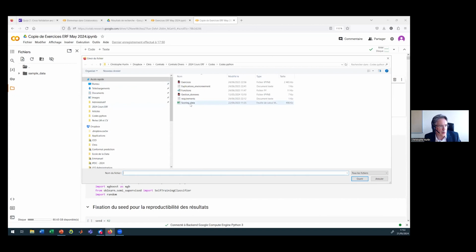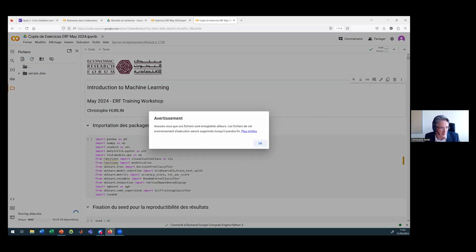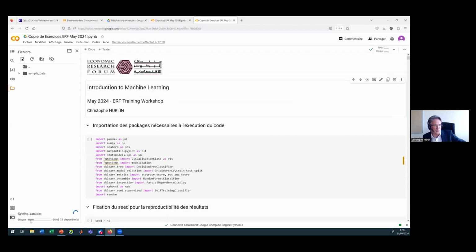Then you will choose a file, which is a scoring data file, an Excel file in which I have the data. So I will upload this first file. Okay, I have a warning message, but you can see at the bottom left of my screen that the data are uploaded.